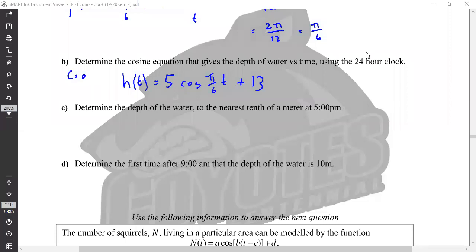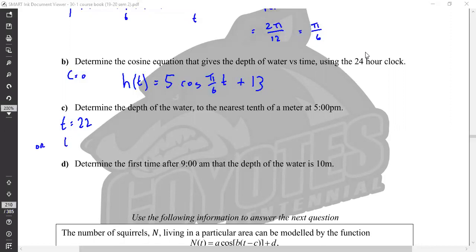All right, for part c, determine the depth of water to the nearest tenth of a meter at 5 p.m. Okay, at 5 p.m., that means, where are we at? That means t is equal to, if we're talking about the next evening, 5 p.m. is 22 hours after 7 p.m. tonight. If that's when we start our measurements at 7 p.m. tonight, then 5 p.m. tomorrow is going to be 22 hours.